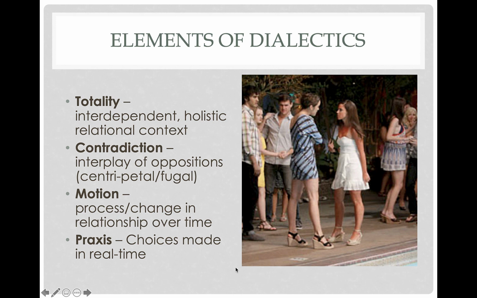That concept isn't part of the dialectic theory, but sometimes I think it's helpful to think about these theories and how they relate to each other. And really, praxis is an ongoing practice or working out of these tensions. And as one of the assumptions will tell us, we as humans are choice makers, and we're making these choices in real time, either moving us toward each other or moving away from each other and negotiating those tensions.